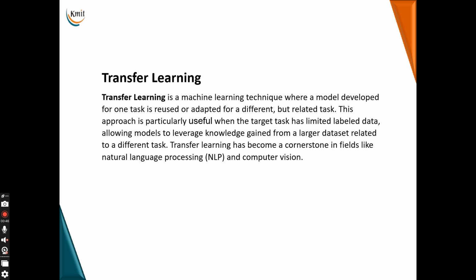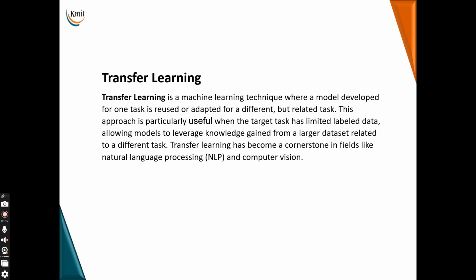So we call this kind of approach transfer learning, or to put it in short, the learning outcomes of a particular task can be used in order to solve a different but similar kind of task.